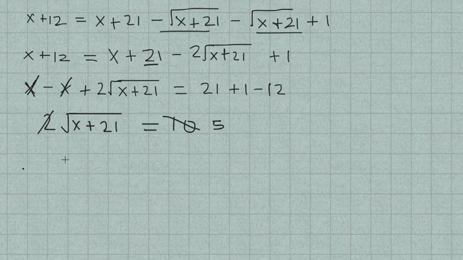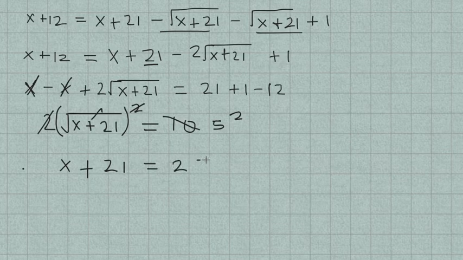Now looking at this equation, for you to get x, you need to square both sides, right? If I square this, the square will cancel the square root, and if I square this 5 also, we have x plus 21 equal to 5 squared, which is 25.